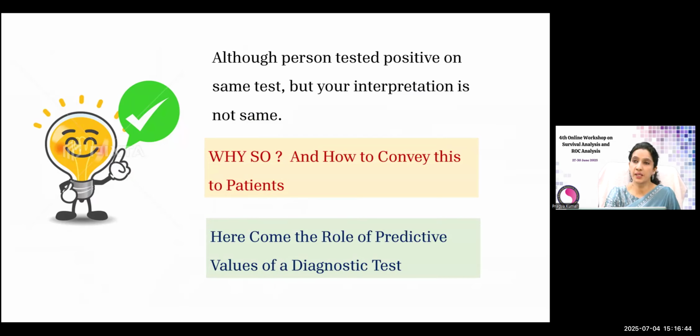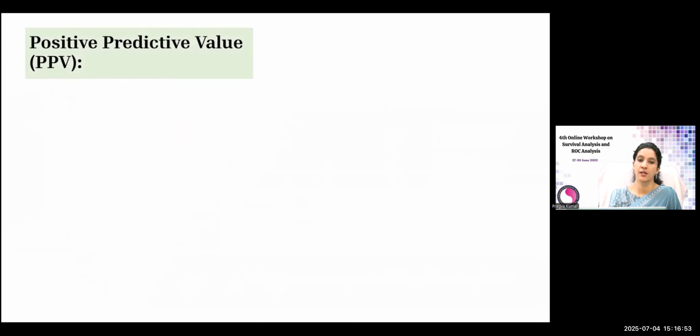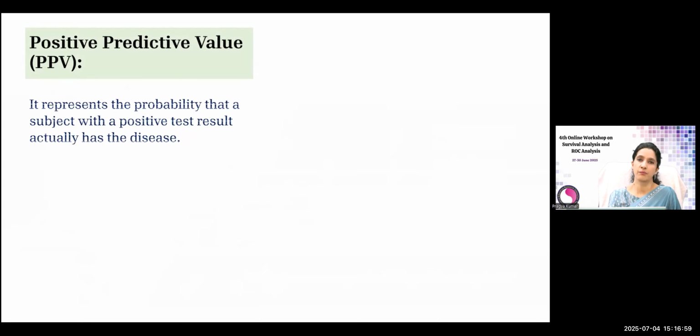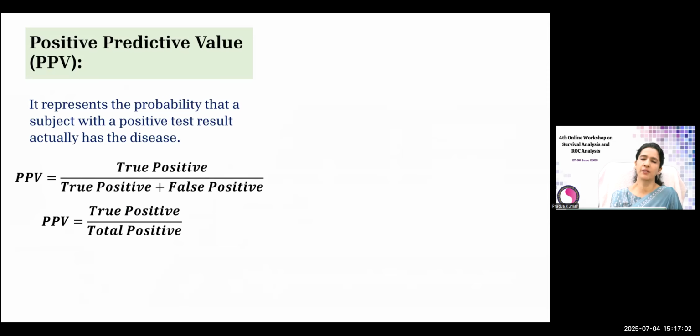If the patient has come with a positive test status, whether he actually has the disease or not, how to convey that? Now there are two types of predictive values: a positive predictive value and a negative predictive value. The formula, I think you all know, and even if you don't, it's only the interpretation which is important. But again, what is predictive value?